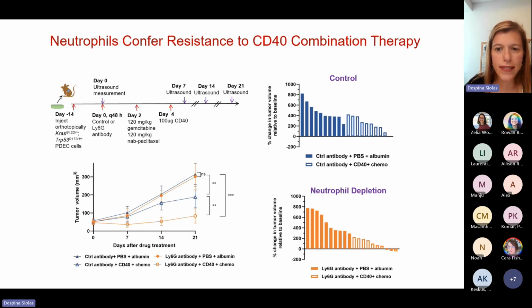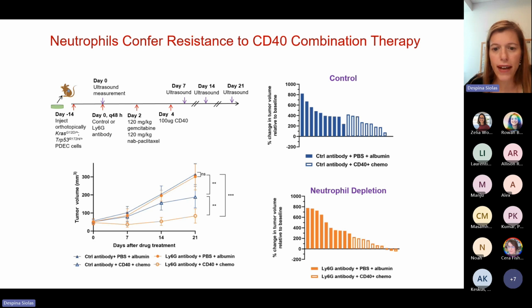And so to do this, we established tumors in our mouse models, and we started depleting neutrophils with neutrophil depletion antibodies. And we tracked their tumor size, and we gave them the chemotherapy immunotherapy compound.